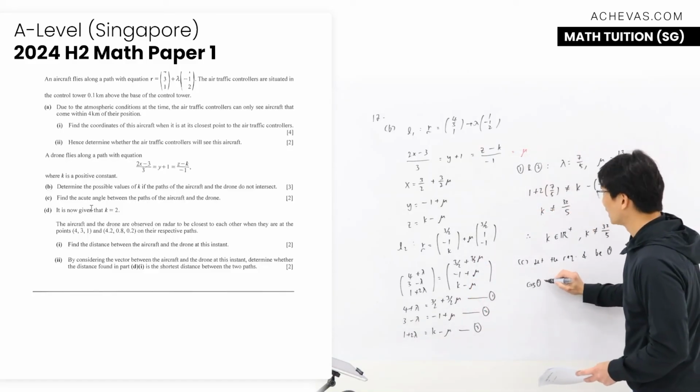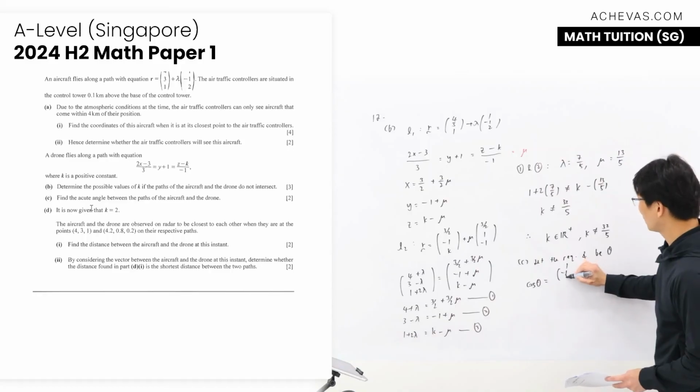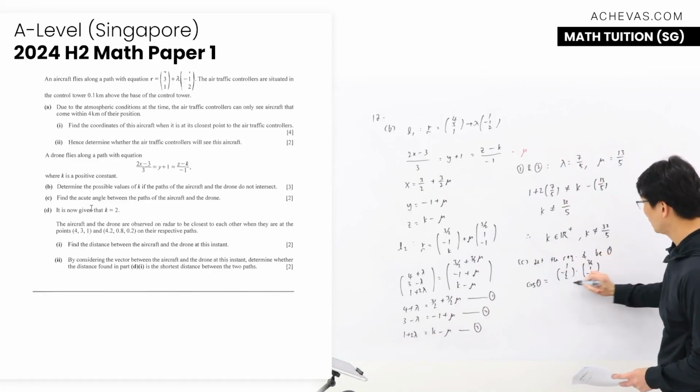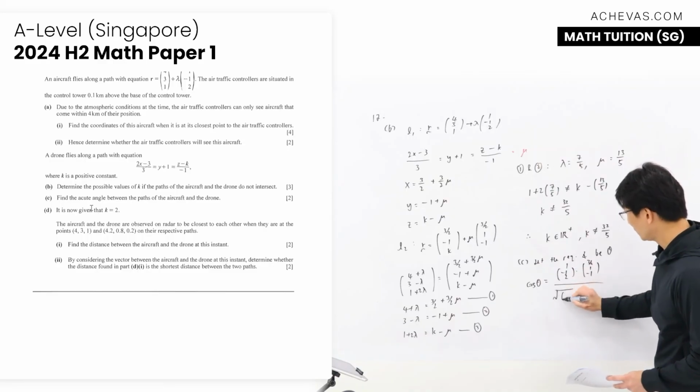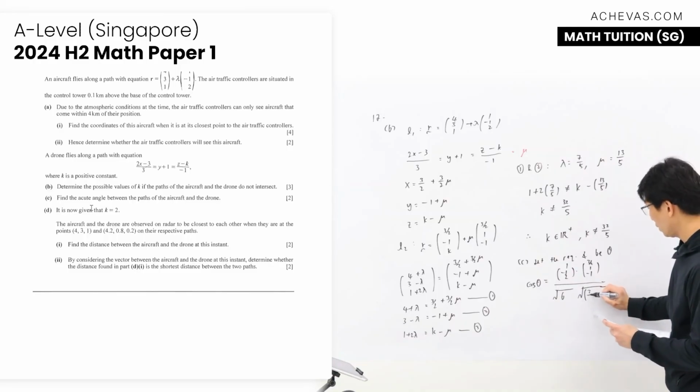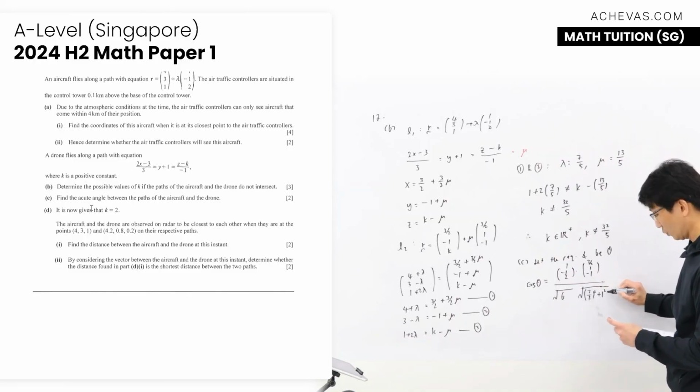Cosine theta will just be (1, -1, 2) dot with (3/2, 1, -1) over square root 6, times square root of (3/2) squared plus 1 squared plus 1 squared.